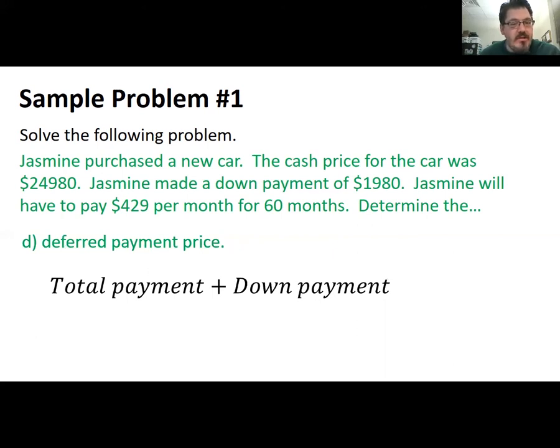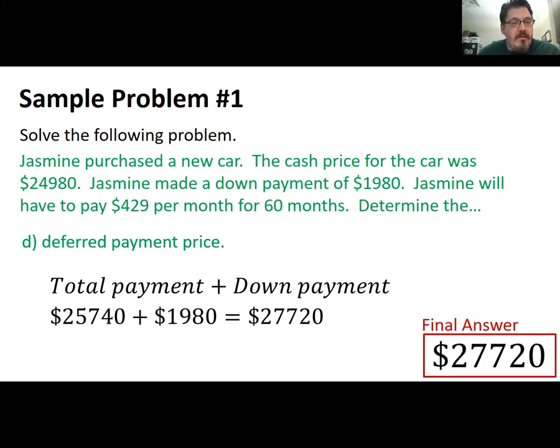She paid that initial $1,980 plus the total payment for the $429 per month for 60 months. So $25,740 plus the $1,980 means altogether what she will pay when all said and done to purchase this vehicle is $27,720.